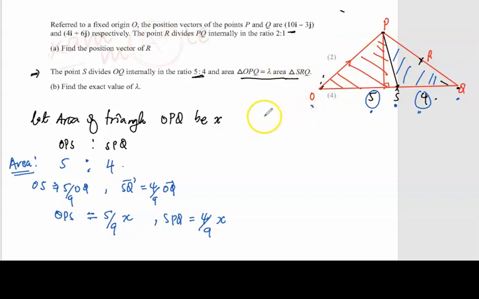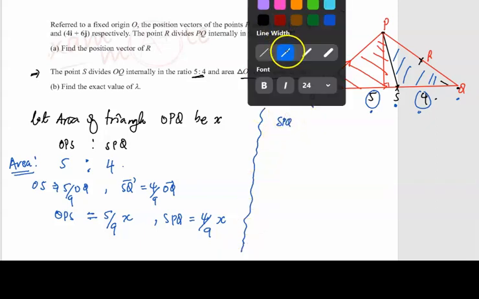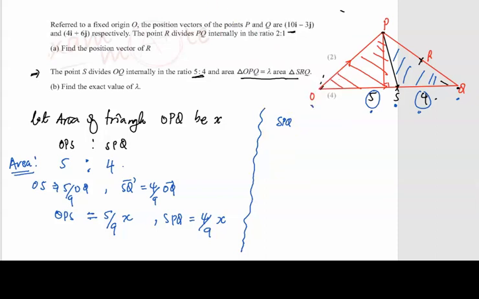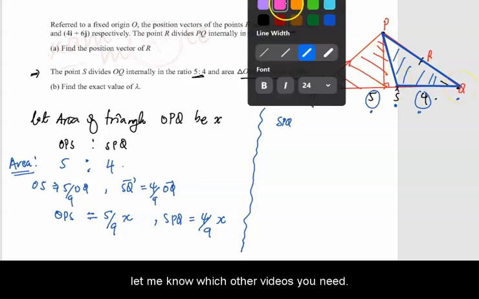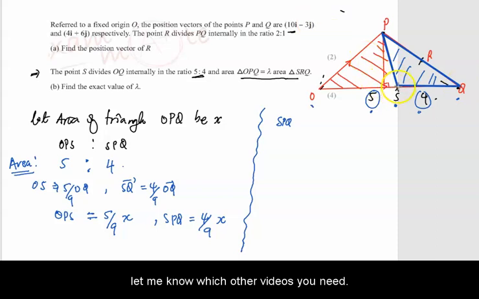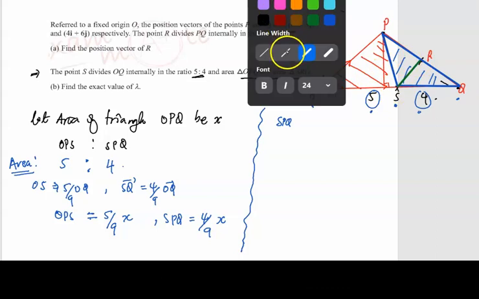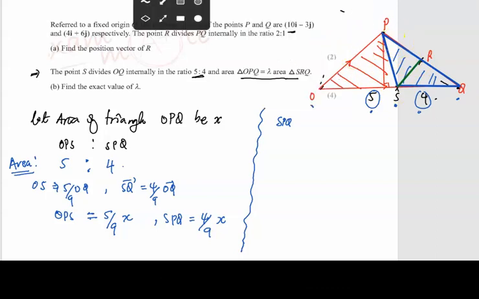Now, if we change our focus and look at only triangle PQS, this triangle here is further divided into two other triangles. Their bases are on the same baseline and they share the same height.